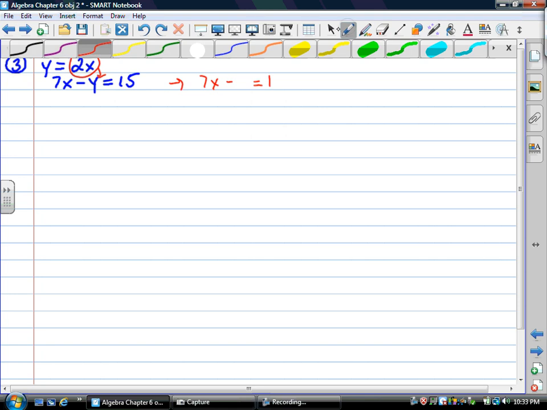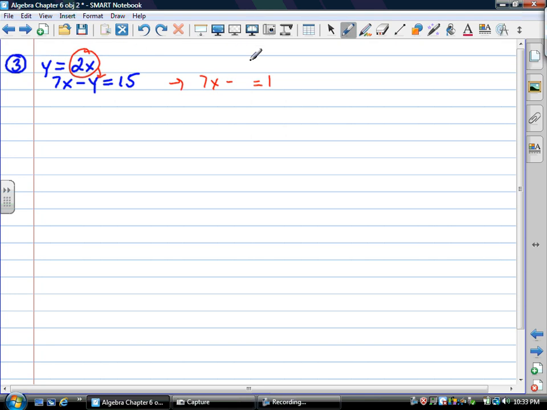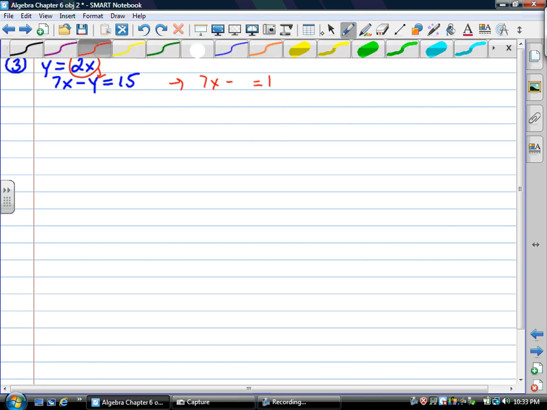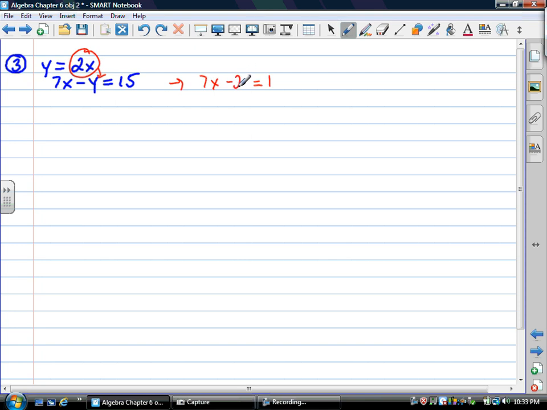We just replaced y with 2x, so this becomes 7x minus 2x is equal to 15. Doesn't get much easier than that. We have like terms. 7x minus 2x is 5x. That's going to be equal to 15.